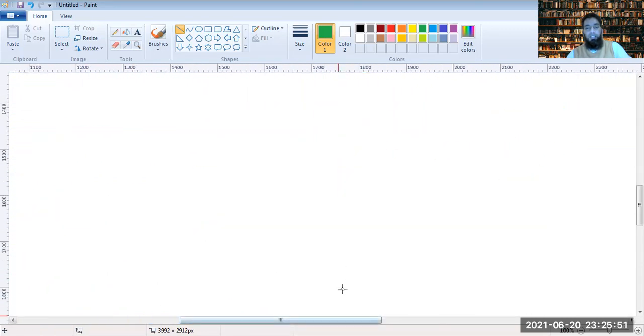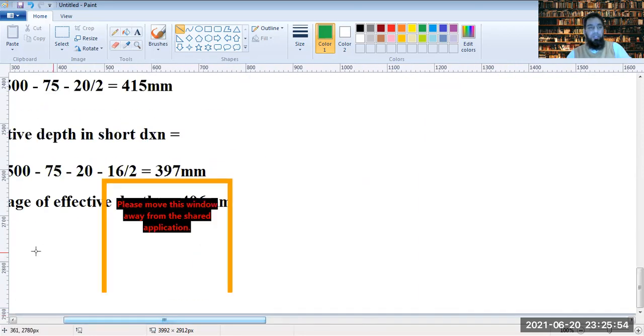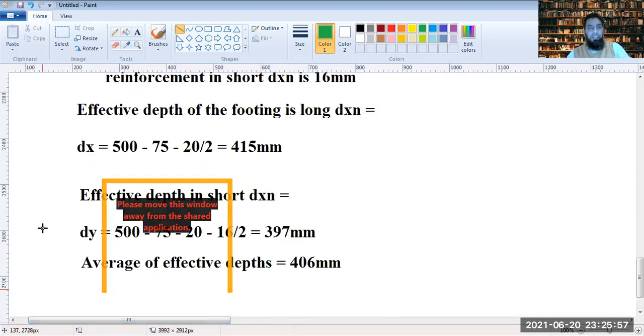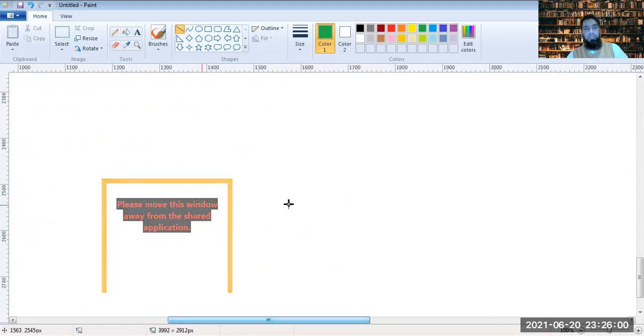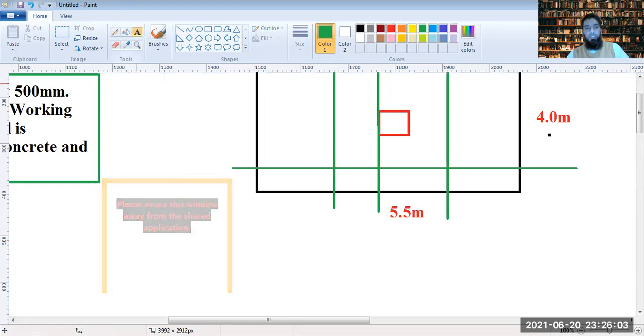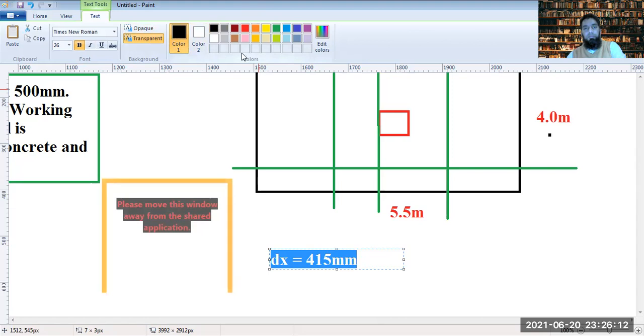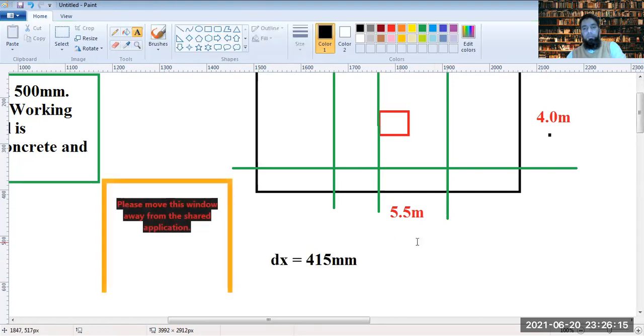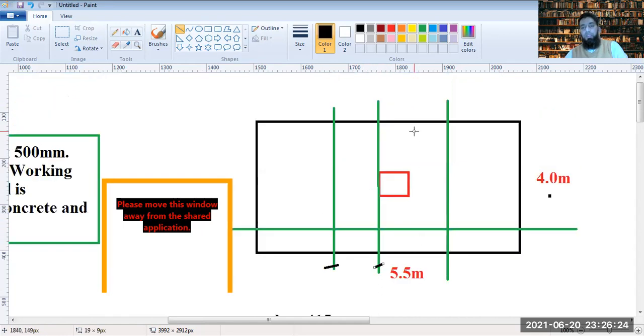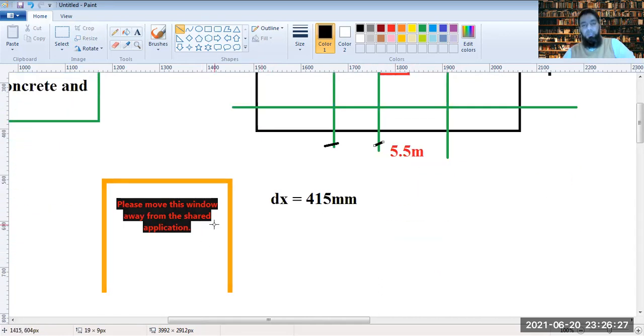So dx is how much? Just let me recollect this. dx is 415 mm, and that's the distance from this point up till this point, or on the other side as well. That's 415 mm.